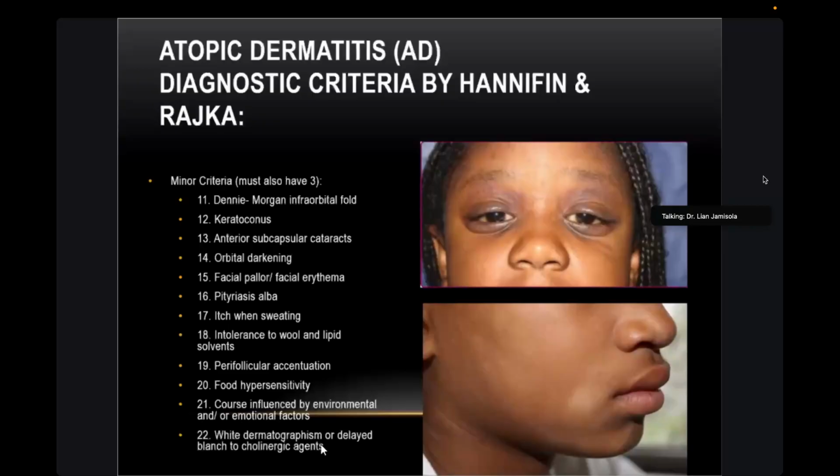White dermatographism or delayed blanch to cholinergic agents. White dermatographism is when you scratch the skin using your nails, for example. There will be a white line, diba? Because it shows dryness of the skin. So we call that white dermatographism. Those are the minor criteria by Hanifin and Rajka. So that's the diagnostic criteria for atopic dermatitis.